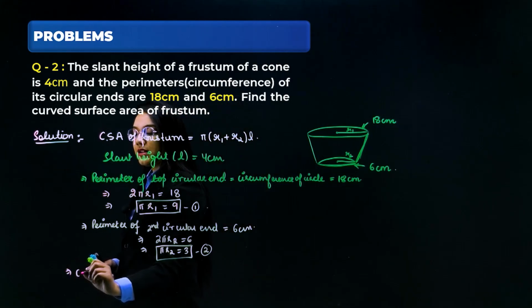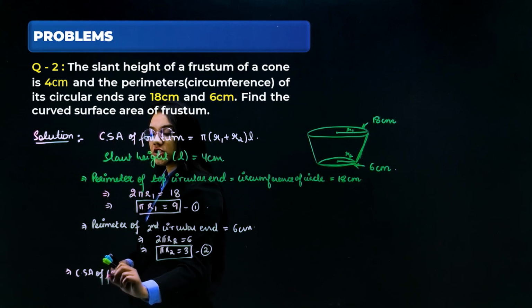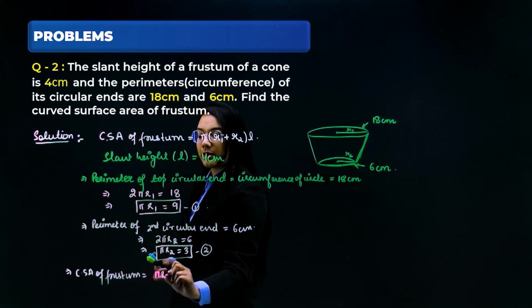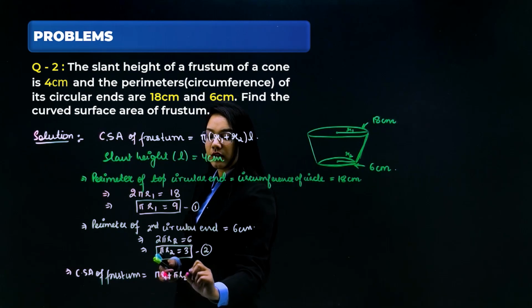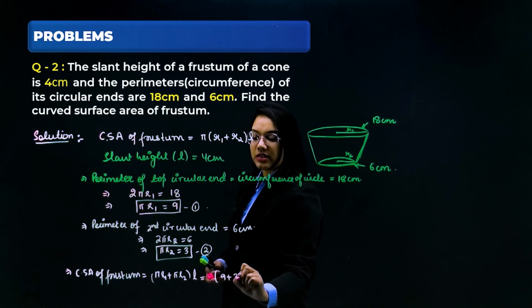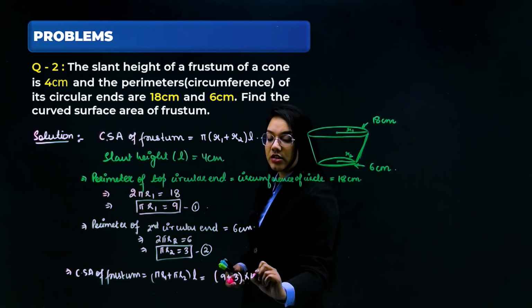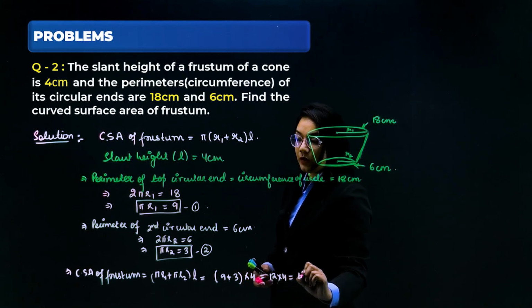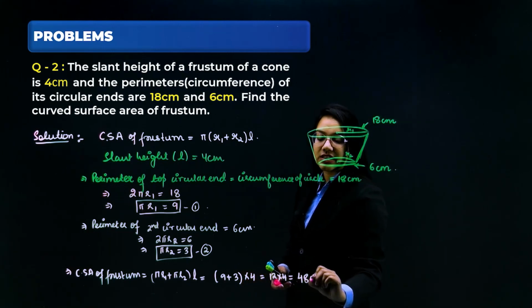So the CSA of the frustum is equal to pi r1 plus pi r2 multiplied by L, so this would be 9 plus 3 into L. L is 4, so we have 12 into 4, which is equal to 48 centimeters.